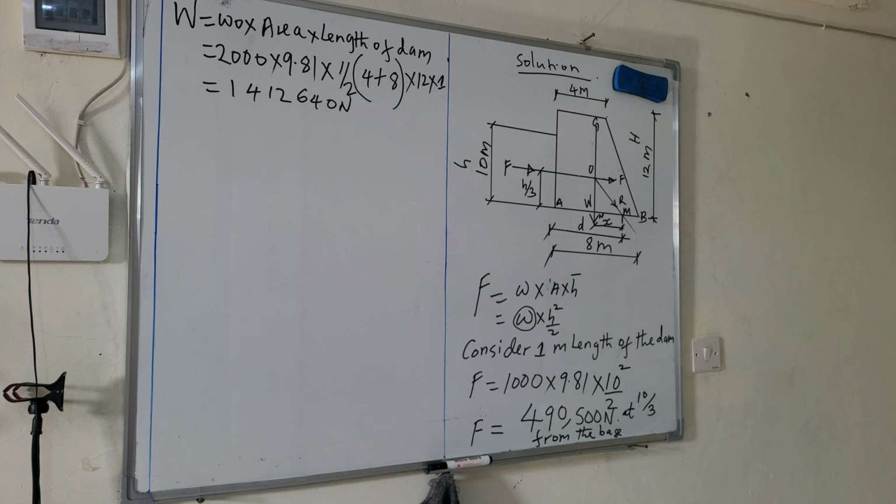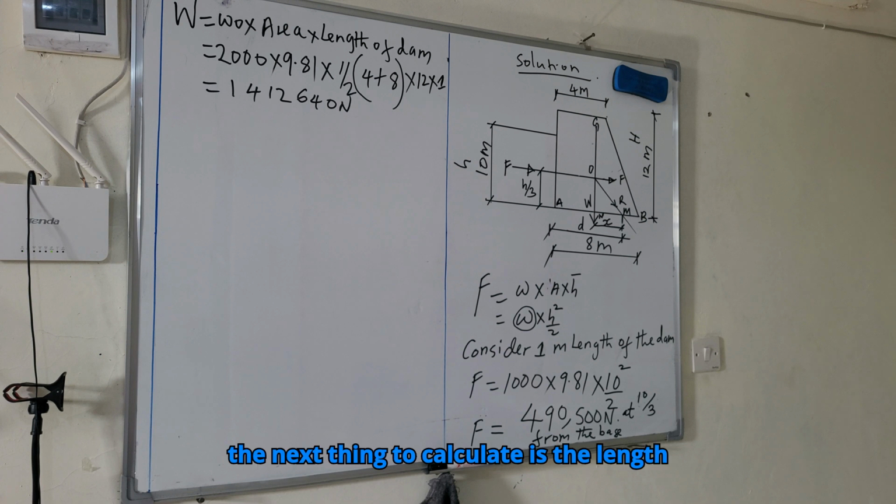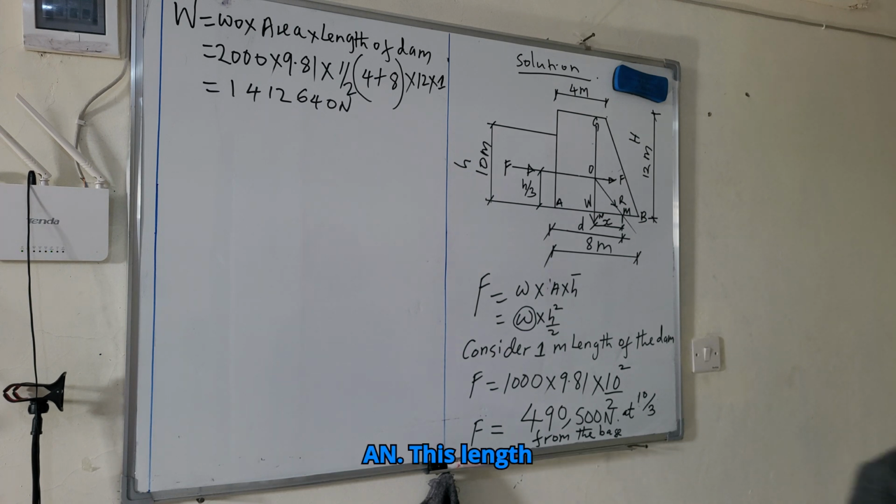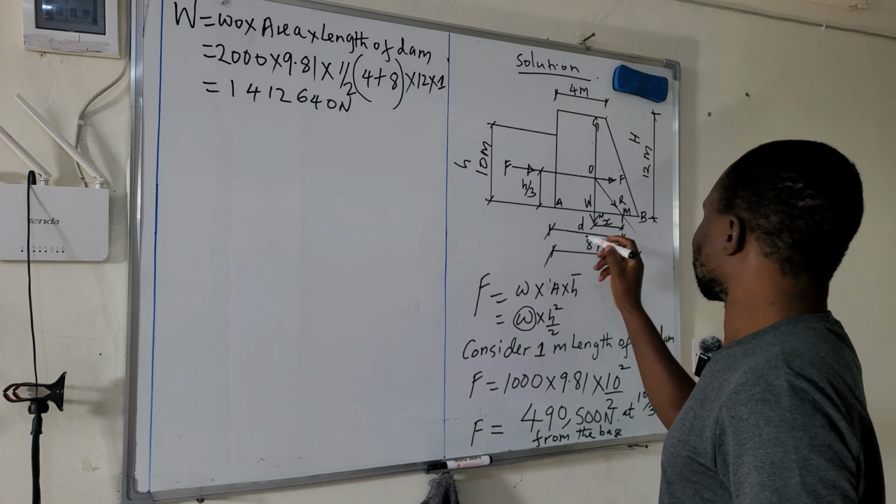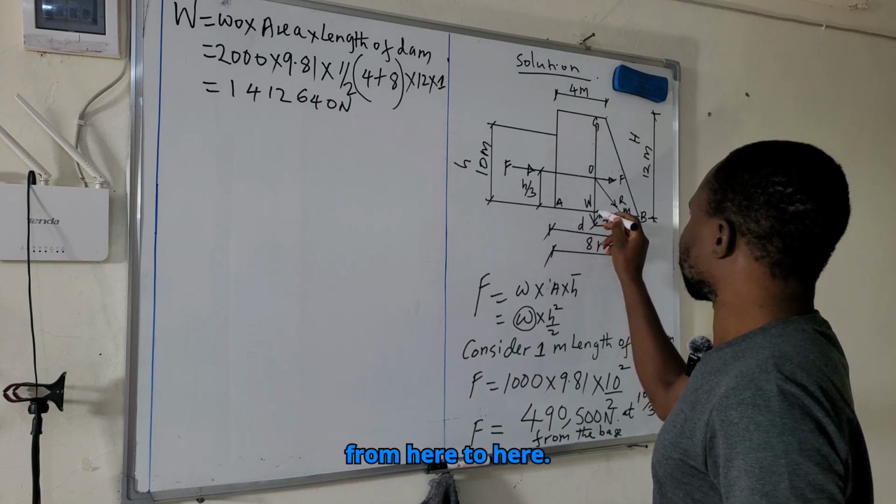We proceed. After calculating our F and W, the next thing to calculate is the length AN, this length from here to here.